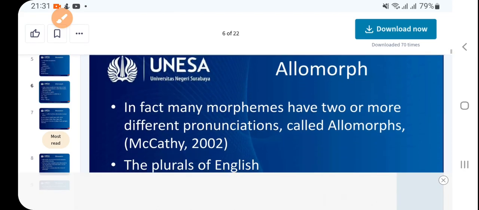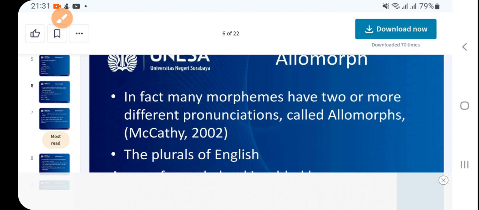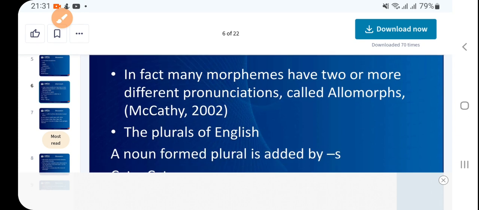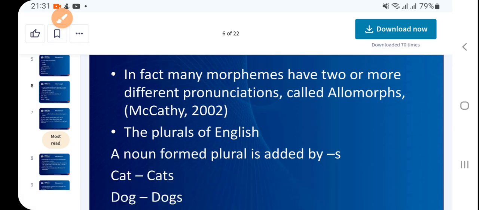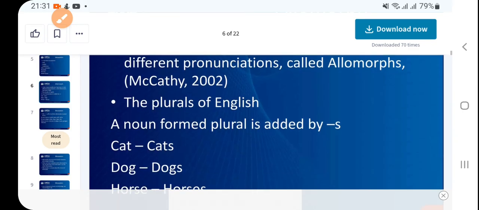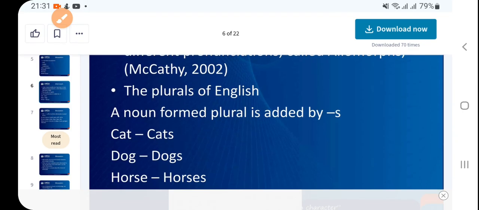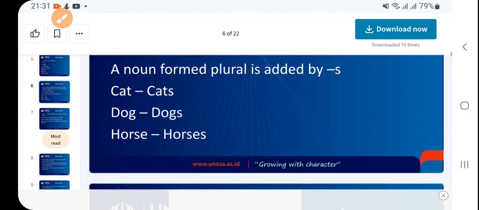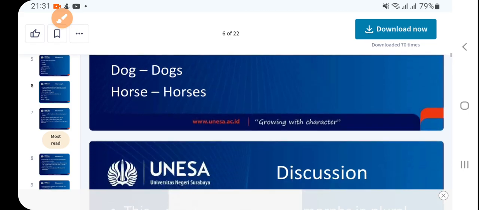Okay. Now allomorph. In fact, many morphemes have two or more different pronunciations called allomorphs. It means a morpheme that has two or more pronunciations is called allomorph. For example, the plural of the following nouns: cats, dogs, horses.